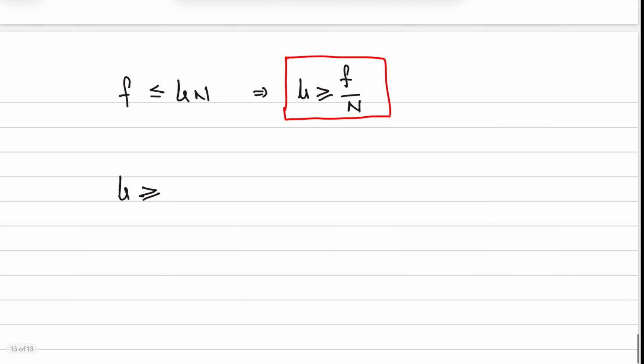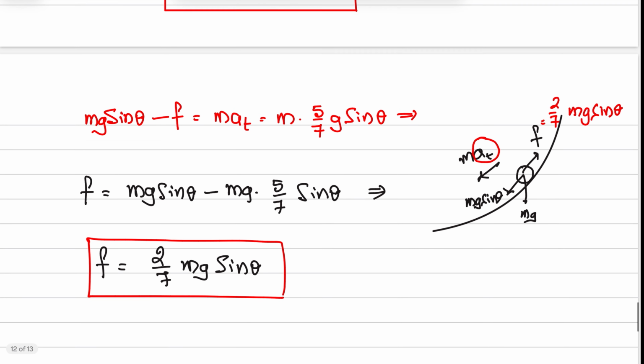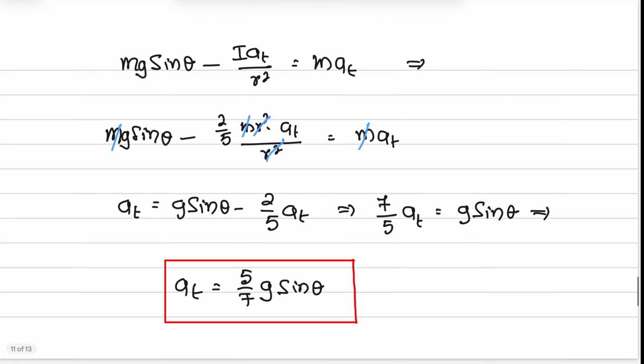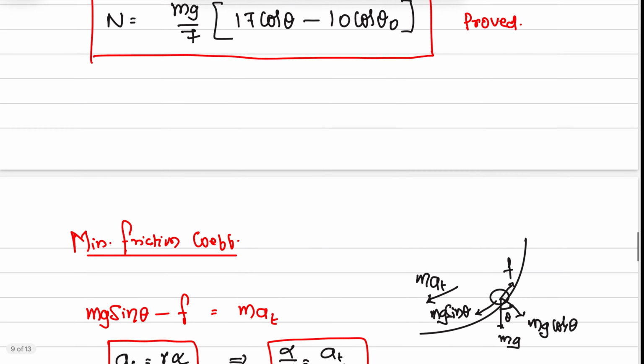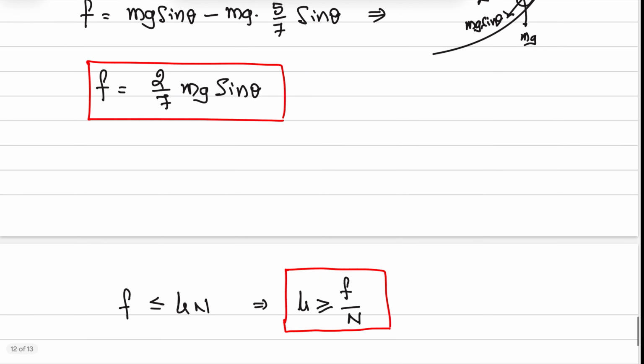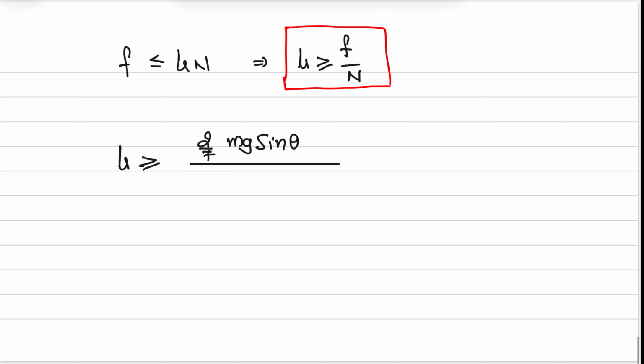2 by 7 mg sin theta, whole divided by, what is the value of n? We have got the value of n as mg by 7 into 17 cos theta minus 10 cos theta naught.